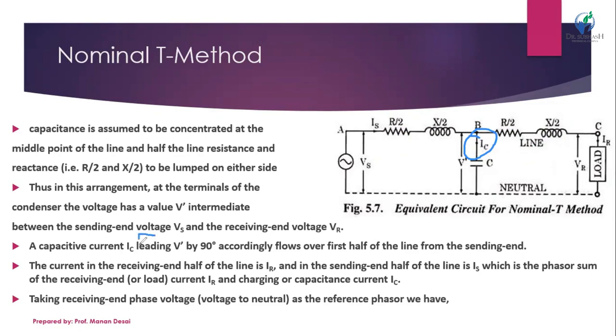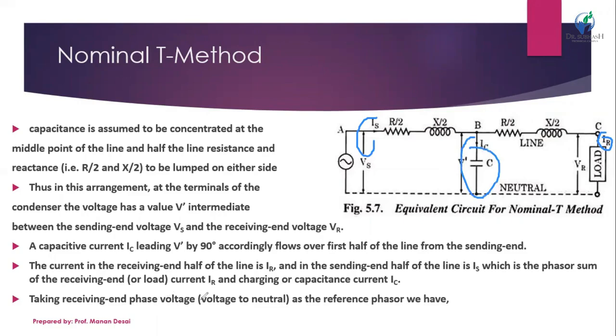So IC leads V by 90 degrees and accordingly flows over the first half of the line from the sending end. The current in the receiving end is IR and in the sending end half of the line is IS, which is the phasor sum of the receiving end current IR and the charging or capacitive current IC.